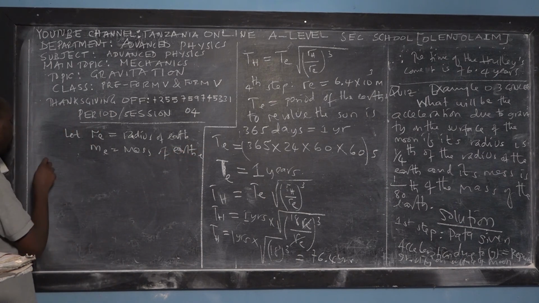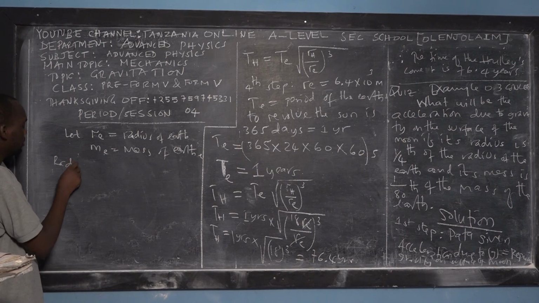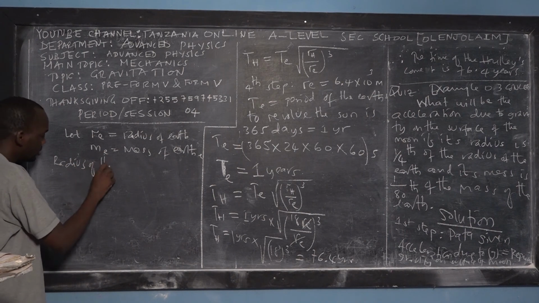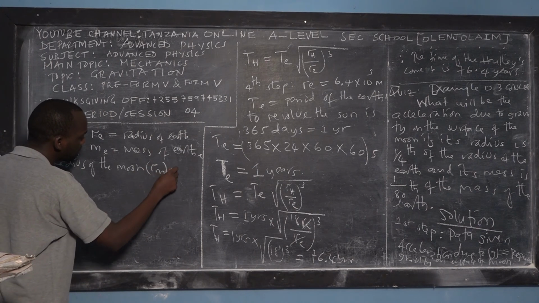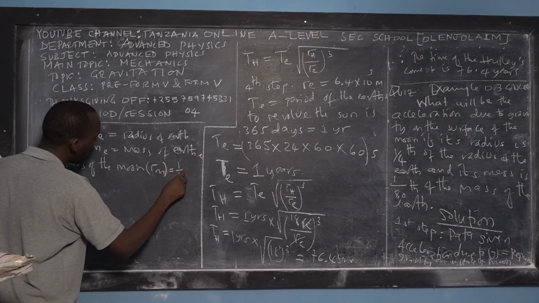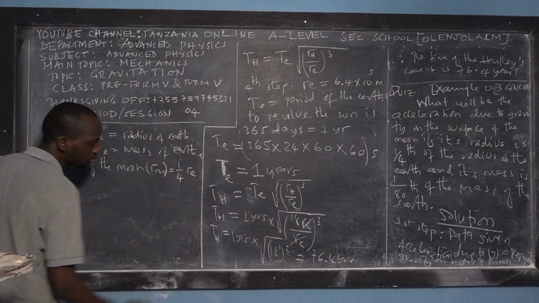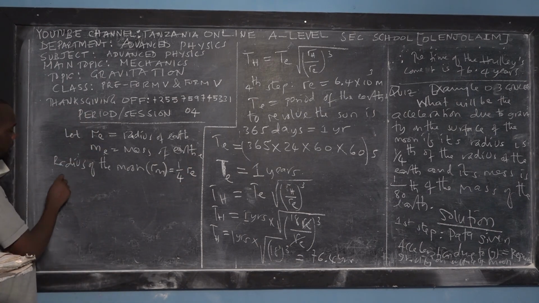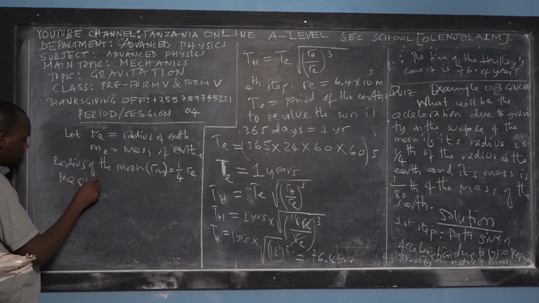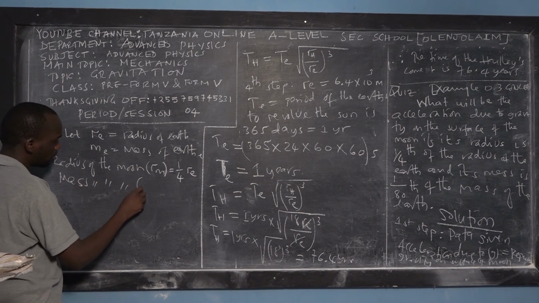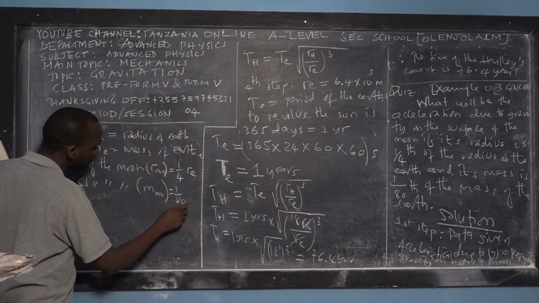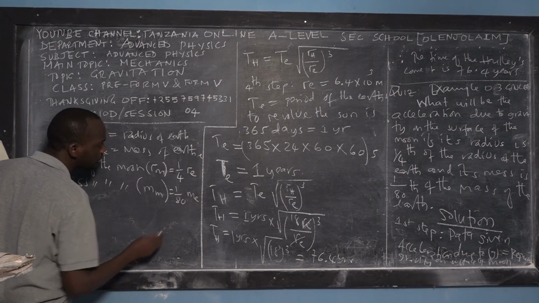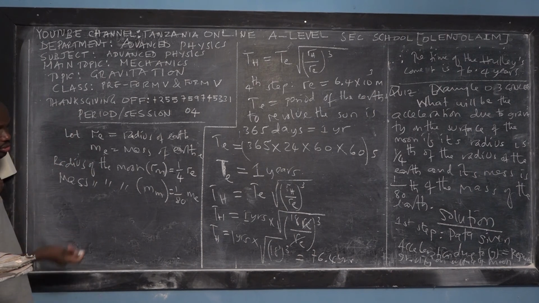Therefore the radius of the moon, which we can call Rm, is equal to 1/4 radius of the earth. And the mass of the moon, Mm, is equal to 1/8 of the mass of the earth. So those are the relevant data given.